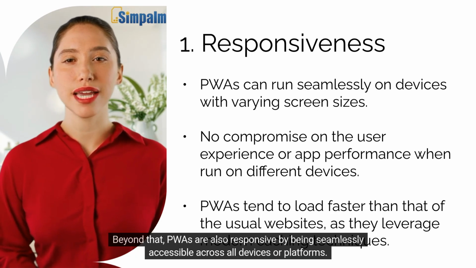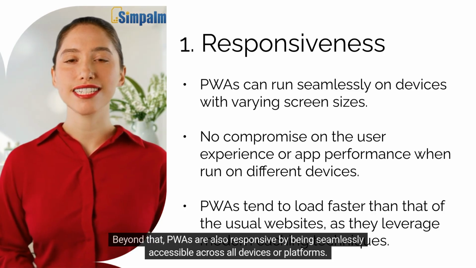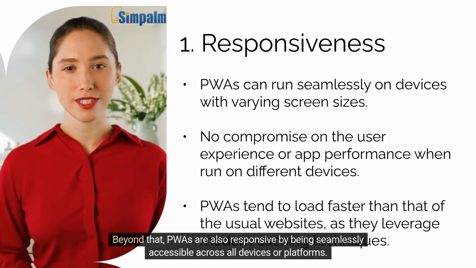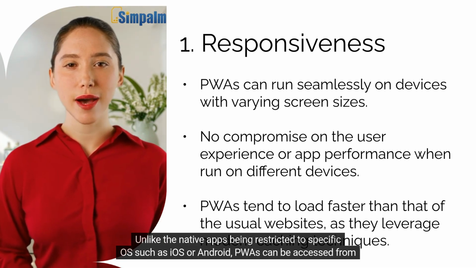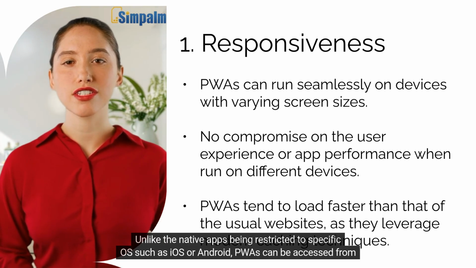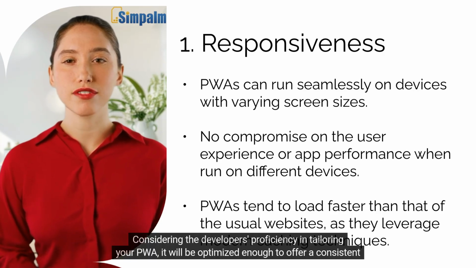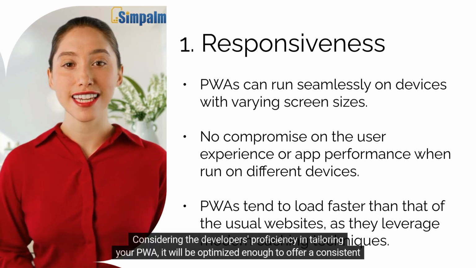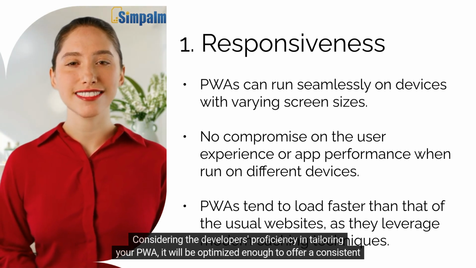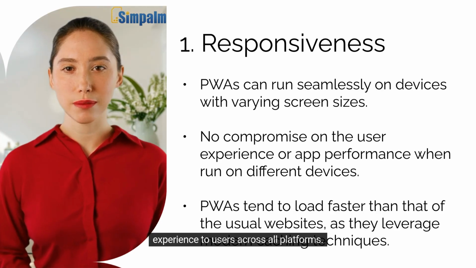Beyond that, PWAs are also responsive by being seamlessly accessible across all devices or platforms. Unlike the native apps being restricted to specific OS such as iOS or Android, PWAs can be accessed from almost any device. Considering the developer's proficiency in tailoring your PWA, it will be optimized enough to offer a consistent experience to users across all platforms.